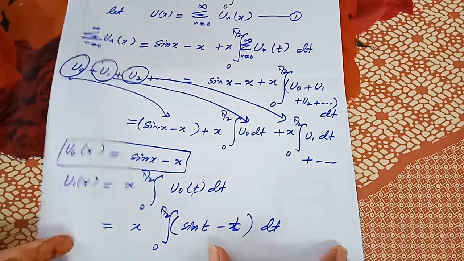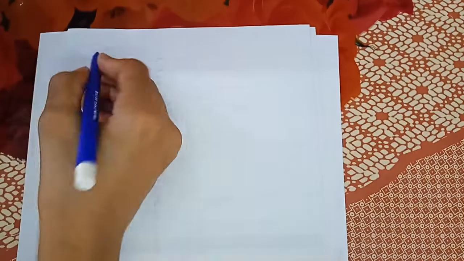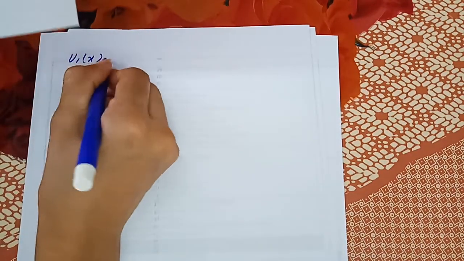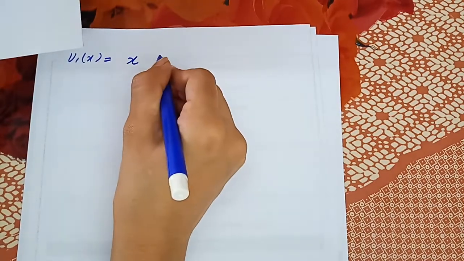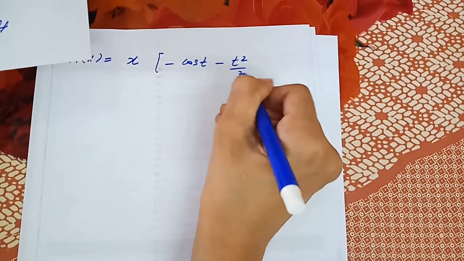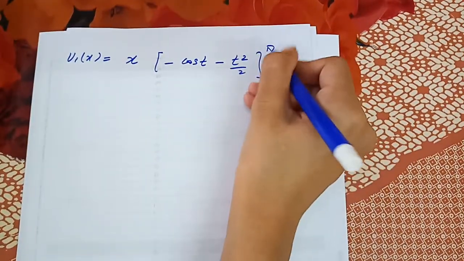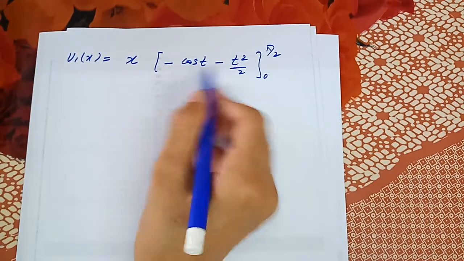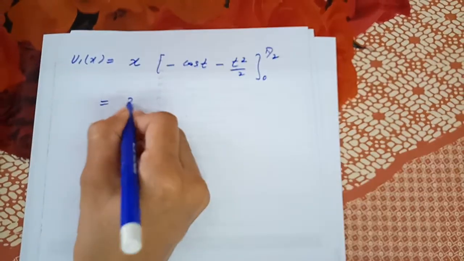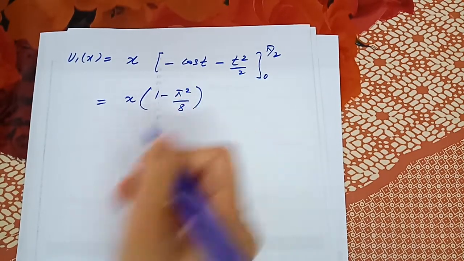Now let's integrate it. After integration, we get u1 of x equals x times minus cosine of t minus t square by 2, with limits of integration from 0 to pi by 2. First apply the upper limit and then apply the lower limit. We'll get x times 1 minus pi square by 8.